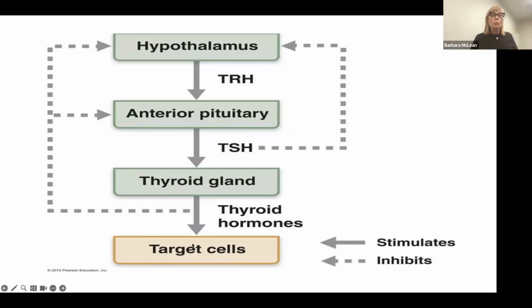And those hormones will travel to the target cells. And at that point, when the target cells have the answer to their request, meaning I got more glucose, I'm responding to circulating catecholamines, there will be a backward or a negative feedback loop. That dotted line goes back to the anterior pituitary saying, stop stimulating the thyroid gland.